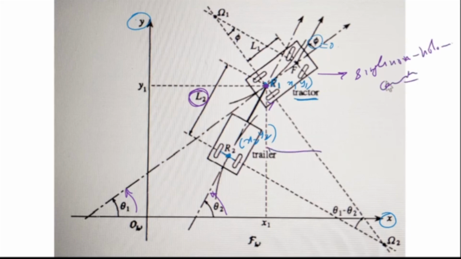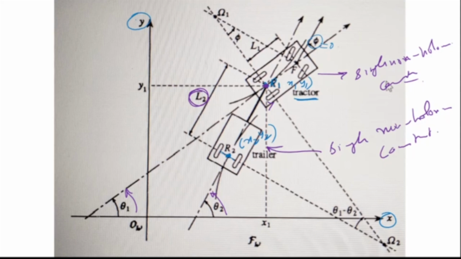Similarly, the trailer is also subjected to a single non-holonomic constraint. That means both of them cannot go sideways. However, the trailer is related to the tractor, because it is connected here with the revolute joint.